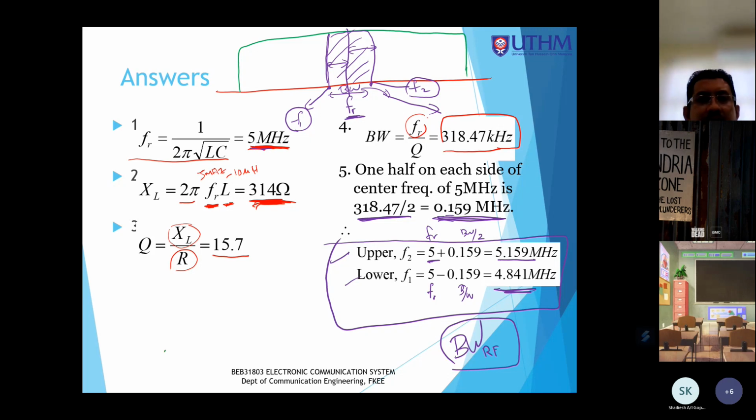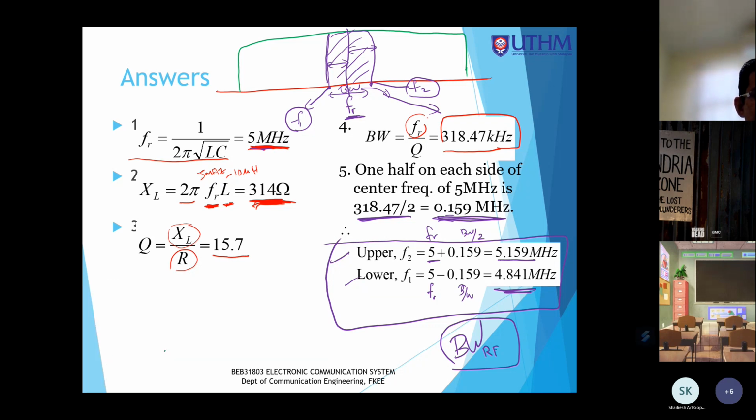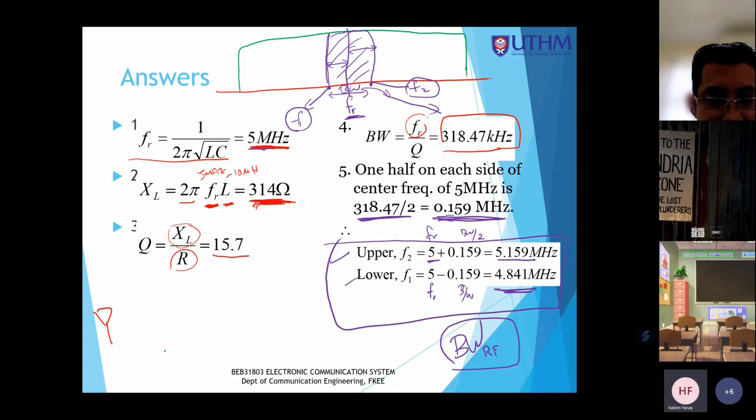Up to here, sehingga slide ini, kita telah melihat sebenarnya dua bahagian dalam receiver. I will draw again. Nak tanya, if I want to revise balik nanti from the past class, the recording ada je kan? Oh, ada. Saya letak dalam YouTube.